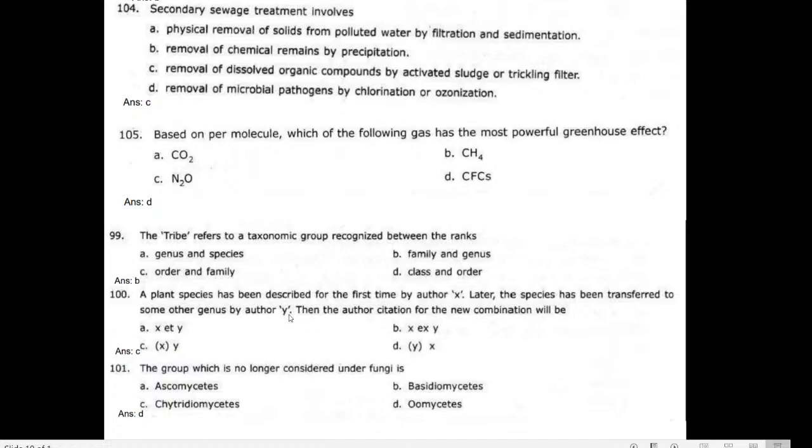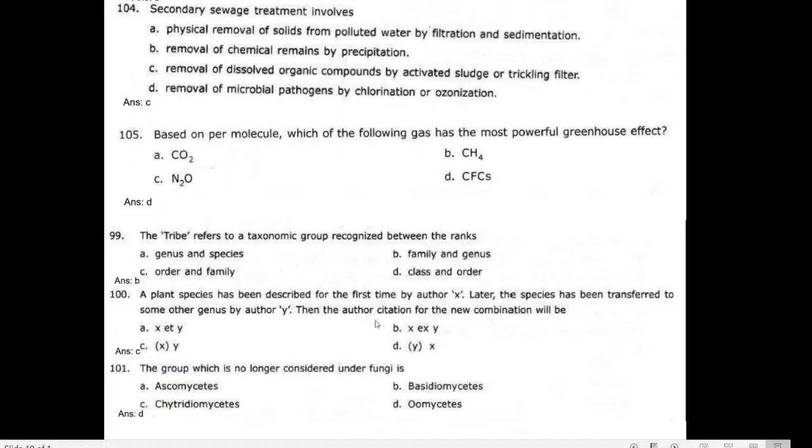The next question is very interesting. A plant species has been described for the first time by author X. Later, the species is transferred to another genus by author Y. Two authors here. Author X first named the species. The next author placed the plant in the next genus.